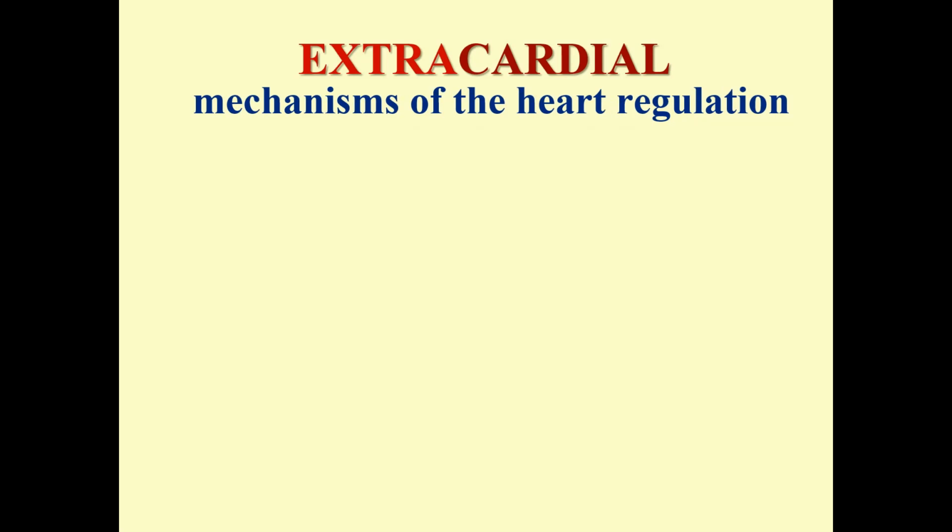Then we can move to extracardial mechanisms. Before, we considered intracardial mechanisms, which operate even in the isolated heart, like a frog's heart, for example. Of the extracardial mechanisms, for the isolated heart of the frog we cannot use all of them, because nerves are cut if we isolate the heart from the body. So the nervous mechanism will not operate.